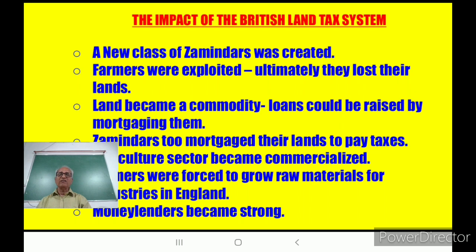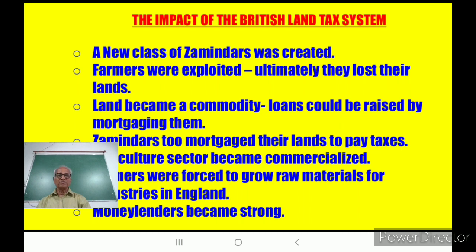Besides the British, we had a section of people from our own land who turned to be zamindars and started exploiting the farmers. Farmers were exploited.